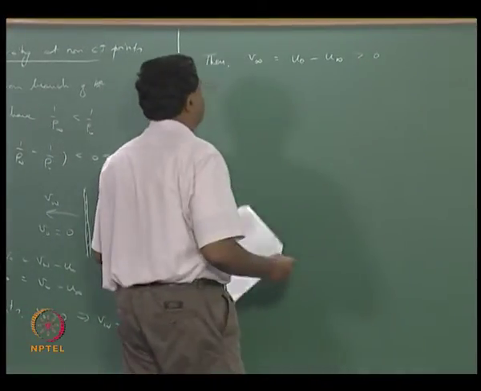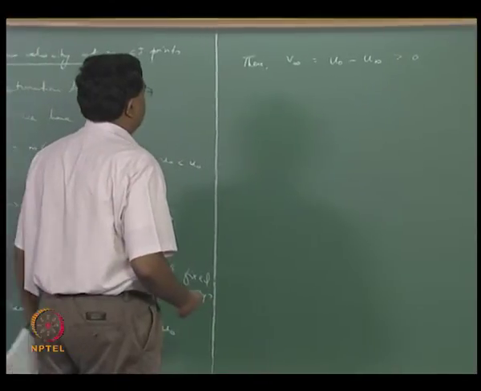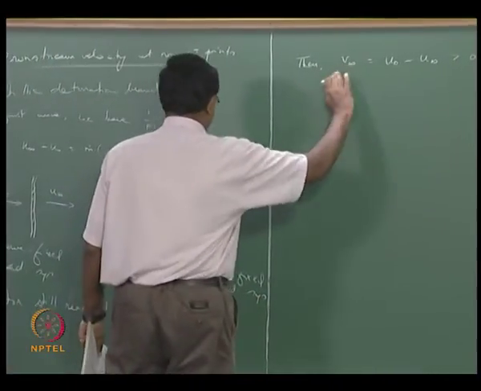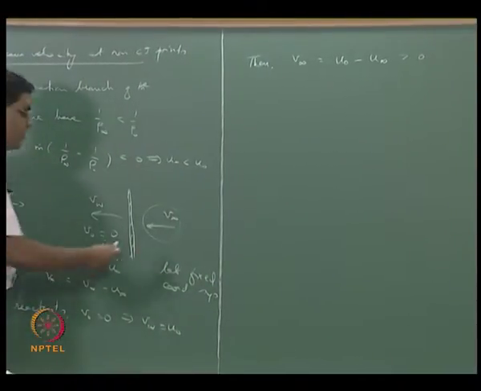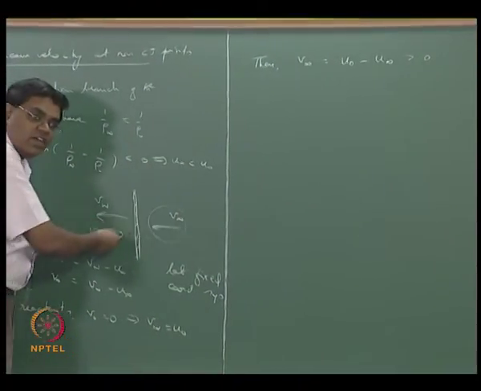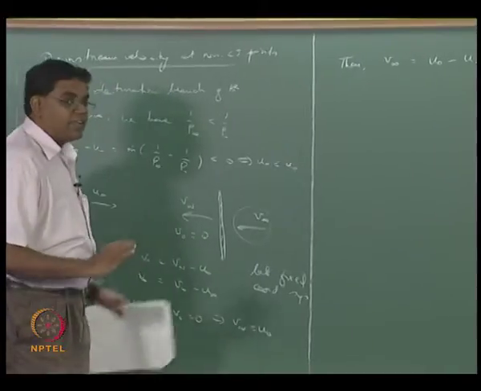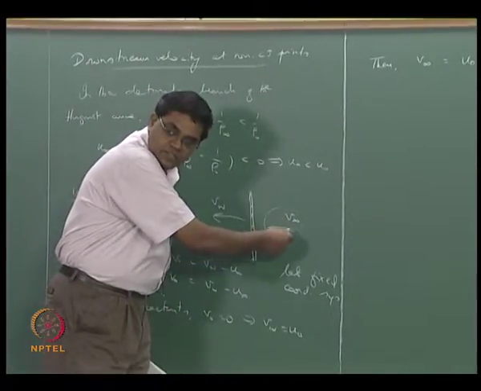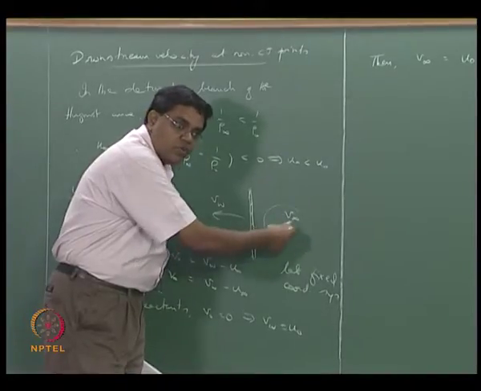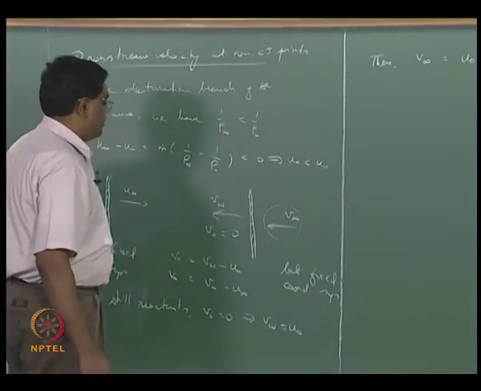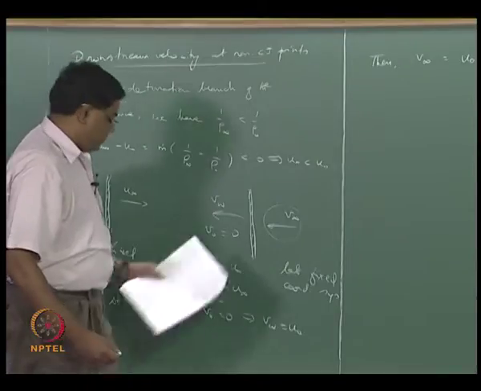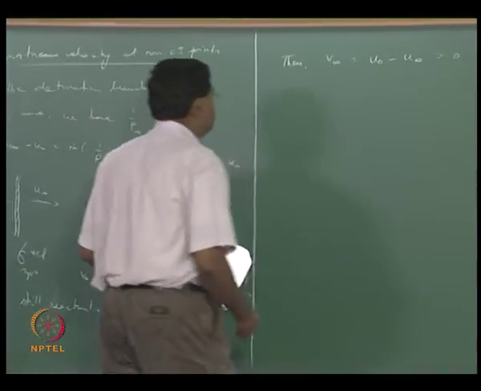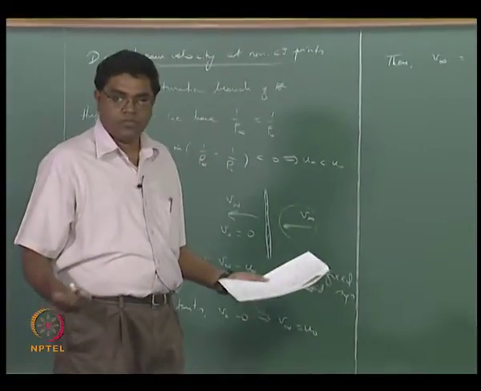So u naught minus u infinity is greater than 0. So if you have u naught minus u infinity greater than 0 for V infinity, with the direction taken this way, then this arrow sign is correct, right. So you have a positive quantity for the arrow going towards the wave, which simply means that the burn gases behind the detonation wave will follow the detonation wave, right.